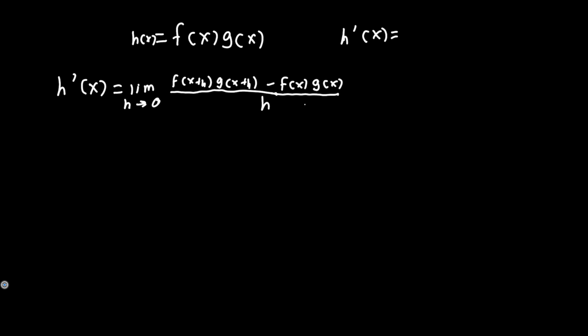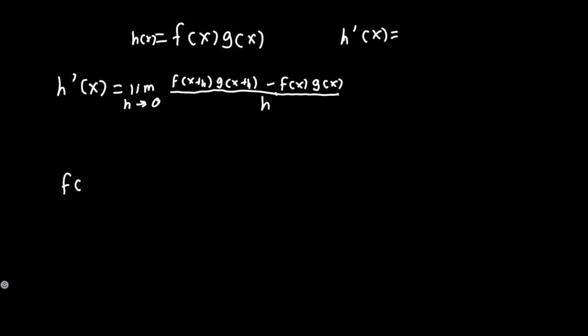So what can we add and subtract here? Well, notice we have f of x plus h and minus f of x, and similarly g of x plus h and minus g of x. So we have to add something that we could factor out here. Let's look at just the numerator.